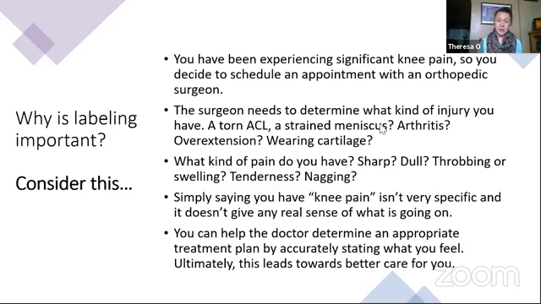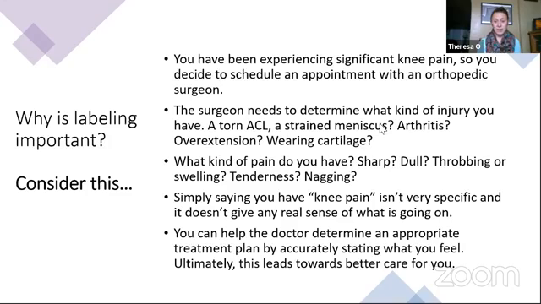So he might ask you, is the pain sharp or is it dull? Is there swelling? Is it tender? Does that pain come and go with time? And the doctor will use those labels to help figure out what's really going on. Saying just knee pain in general isn't a very easy route to health because there could be a lot of different versions of knee pain.